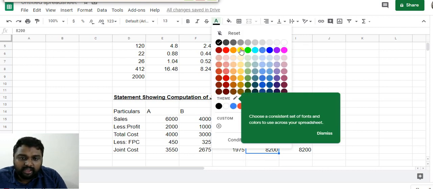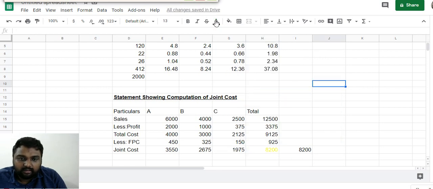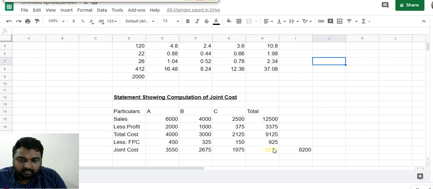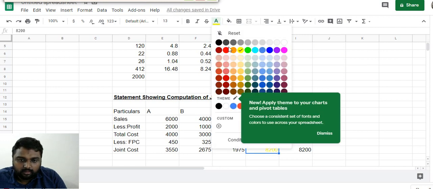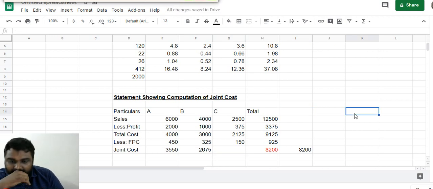If 8,200 is the answer, but one item's answer is not given, how to get the answer of C?